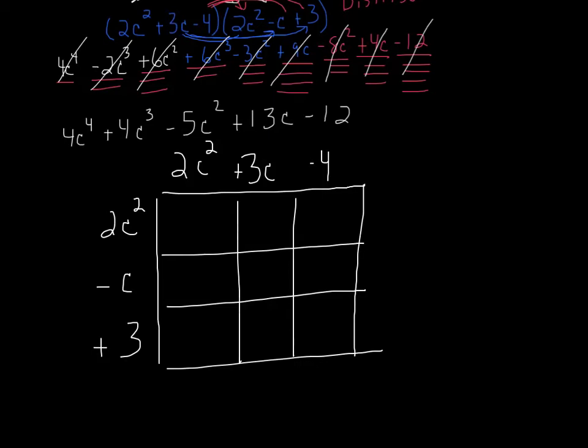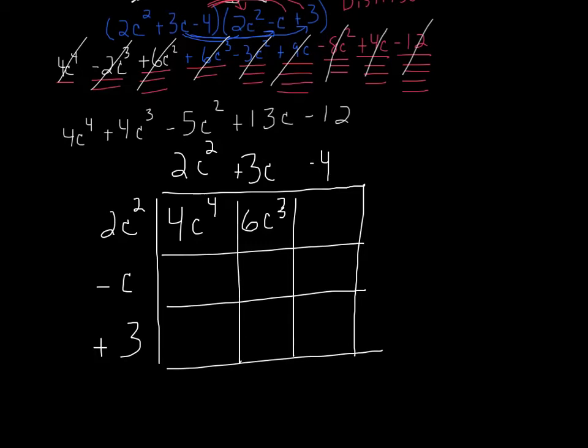So 2c squared times 2c squared, that's going to give you 4c to the fourth. And we have 2c squared times 3c, that'll give you 6c to the third. Did I do that right? Yeah. Getting a little confused myself here.